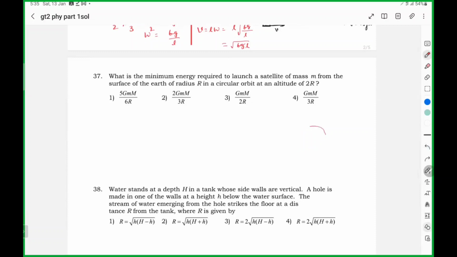What is the minimum energy required to launch a satellite of mass m from the surface of the Earth? Here is a satellite of mass m, and this is Earth of mass M. Then the satellite is on the surface of the Earth.